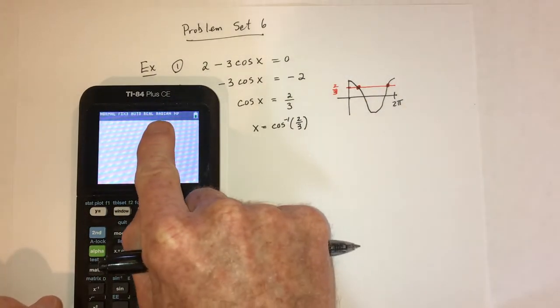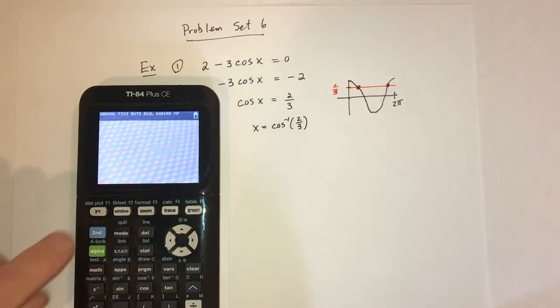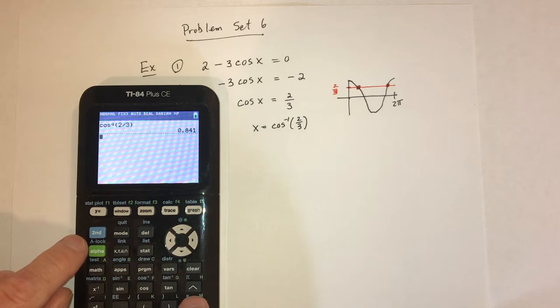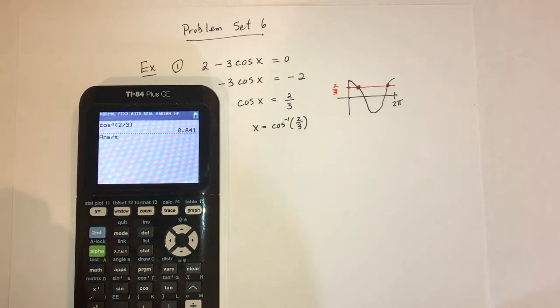So it's going to find this one. Also make sure that the calculator is in radians because the directions said 2 pi, which is radians. Cosine inverse of 2/3 equals this decimal. Then, to find out if that's like pi over 7 or something, divide it by pi. So don't type the decimal, but just hit the divide key. Divide by pi.